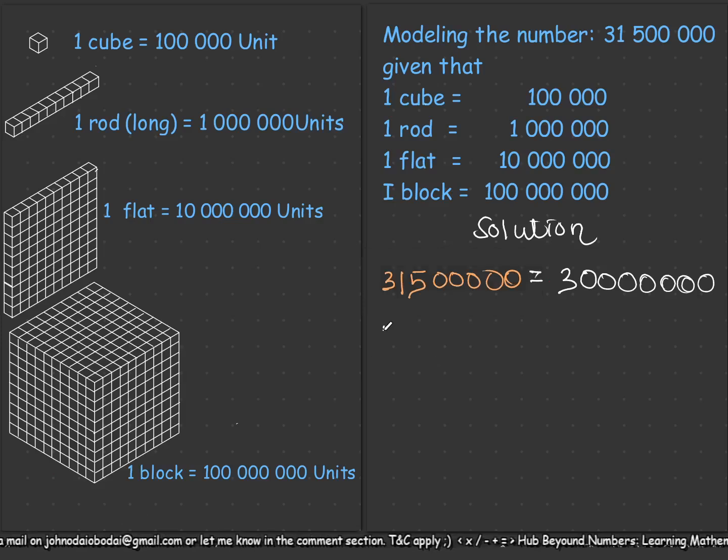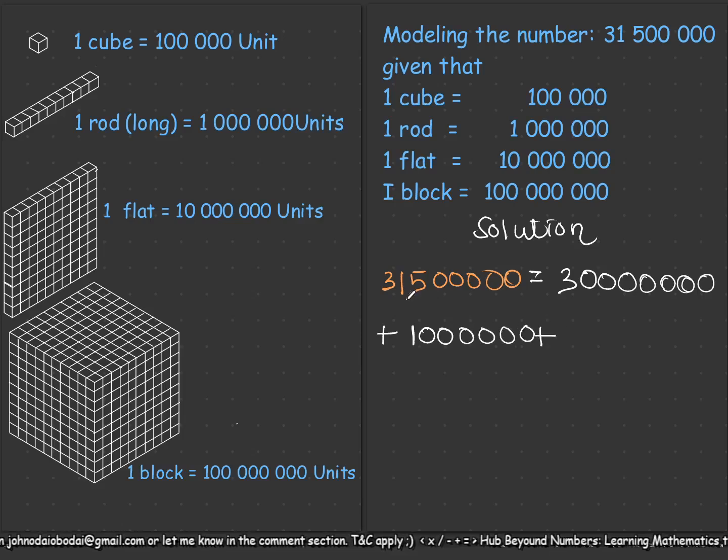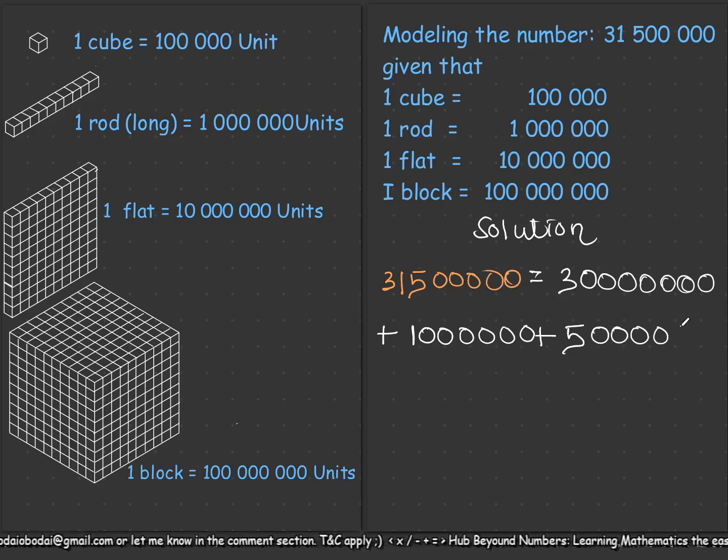So you say plus. Our next number here is 1. Then all this becomes 0. So 1, 2, 3, 4, 5, 6 zeros. And then plus the last one here, which is 5. And 5 has how many zeros? 1, 2, 3, 4, 5. So you put that over here.